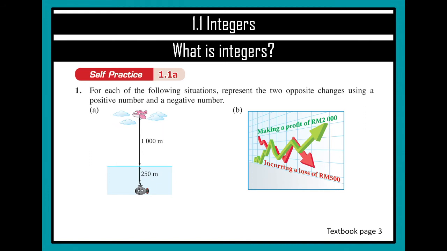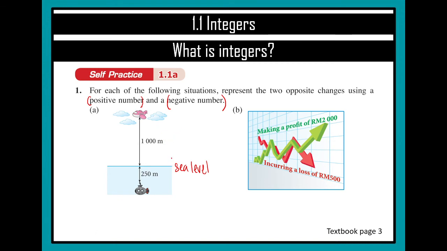Okay, let's try a question. Question 1a. For this question we want to write a positive or negative number. We have a pink color helicopter here, which is above the sea level by 1000 meters. We want to represent the height of the helicopter.